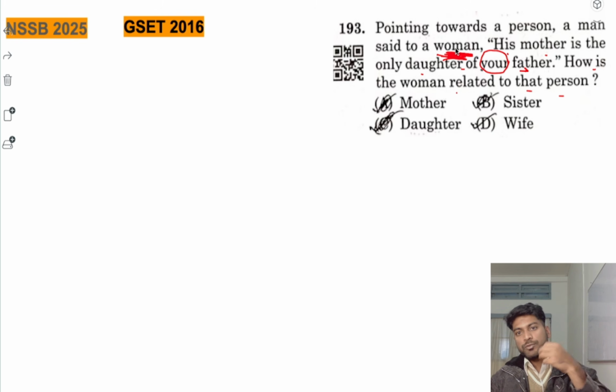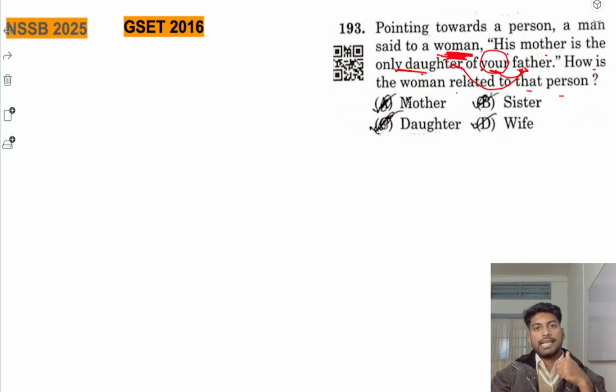So just assume you are the woman. I am assuming I am that woman. The man said, your father. Look at this line: your father means the woman's father. Who is the woman? You. So my father. Then go reverse. My father's only daughter.